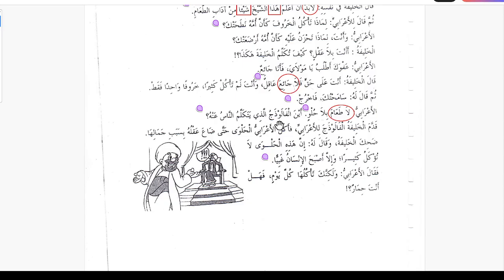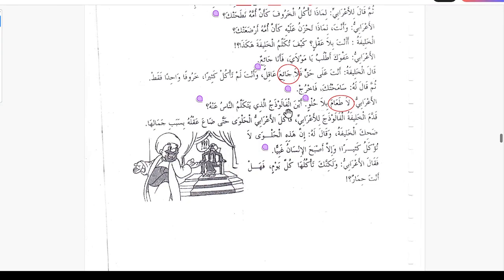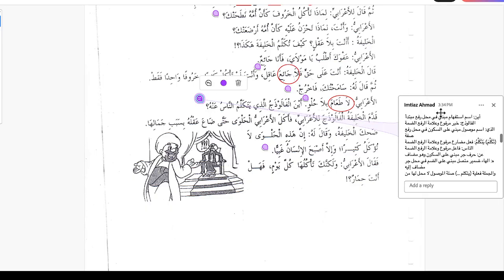Ayna al faluzaju allazi yatakallamu an-nasu anhu, where is the faluda that people talk about? So now he wanted to eat faluda also. I have the i'rab of this sentence. So ayna is ismu istifhamin mabni fi mahalli rafin mubtada, al faluzaju is khabrun marfu'un wal alamatur rafi ad-damma, and allazi is ismun mawsulun mabni ala sukun fi mahalli rafin sifa.